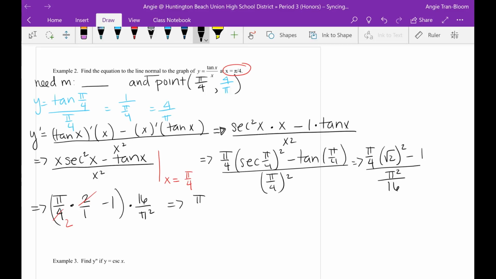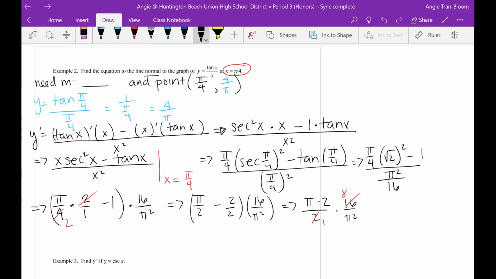So 1 is now 2 over 2, times 16 over pi squared, which gives me pi minus 2 over 2 times 16 over pi squared. I can reduce this down to 1 and 8. So, y'all, I'm almost there to my slope. Now I have 8 times pi minus 2, all over pi squared.